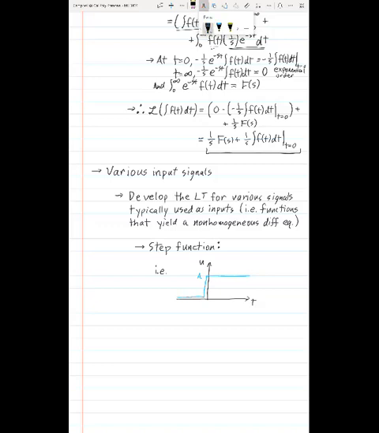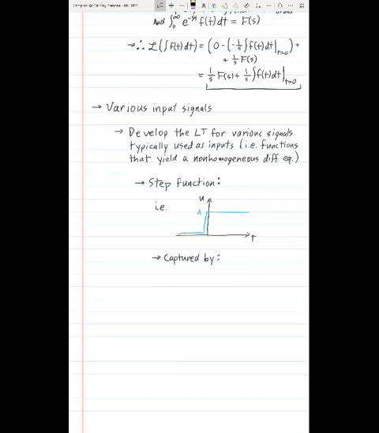So this is captured by the following. We have f of t is equal to 0 for t less than 0, and it is equal to A for t greater than or equal to 0.